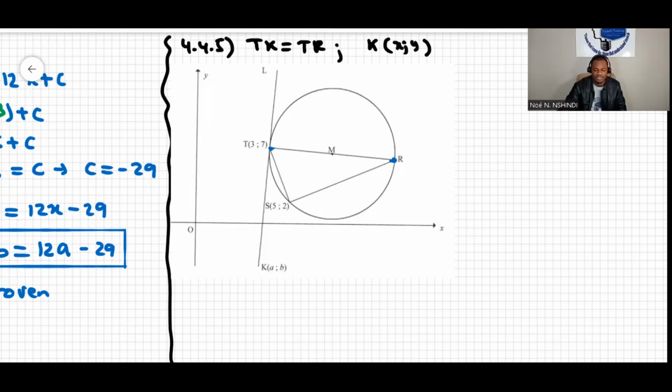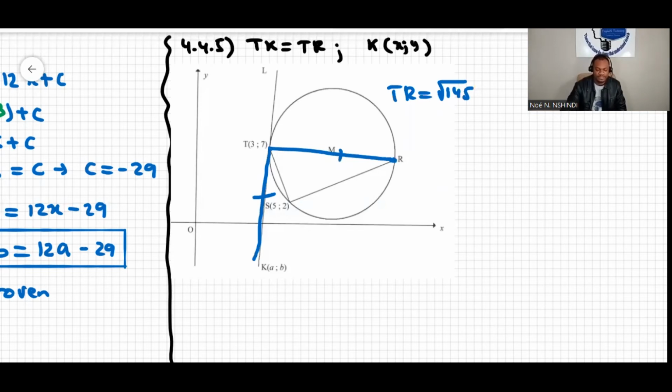TR was calculated as the square root of 145. And now we also need to find the length TK. The question says if the two are equal.